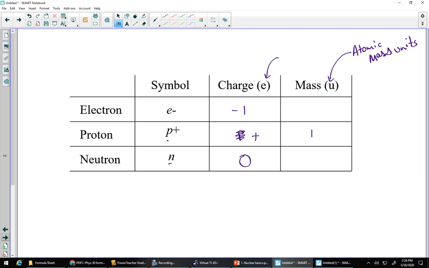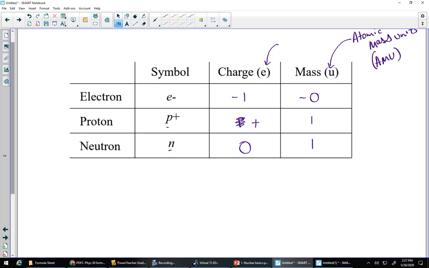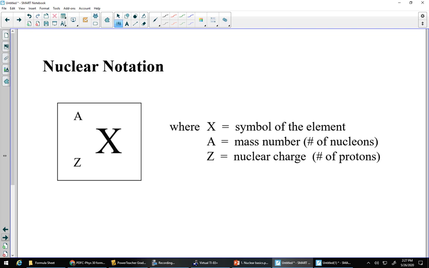So therefore, a proton has 1 AMU. A neutron also has a mass of 1, and an electron, for all intents and purposes, has a mass of 0 because they're so small. So, again, a bit of review from Science 10.